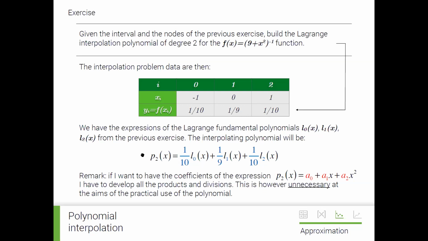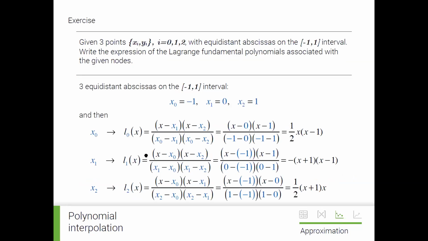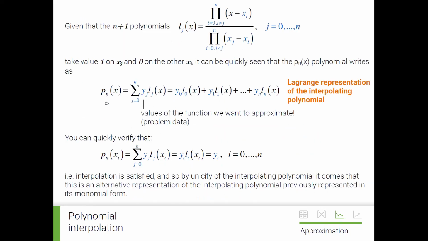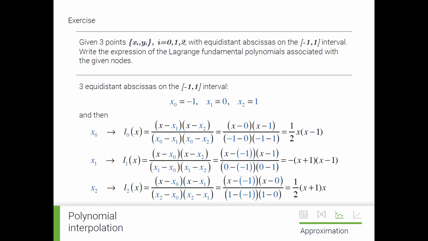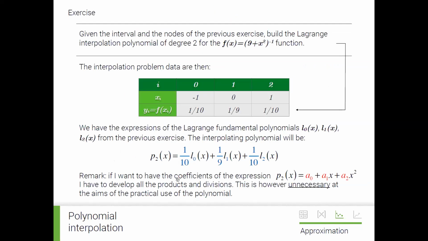This is the Lagrange interpolation polynomial. You can see from the definition that Pn of x is the sum of these fundamental Lagrange polynomials, and in this case it is P2 of x.